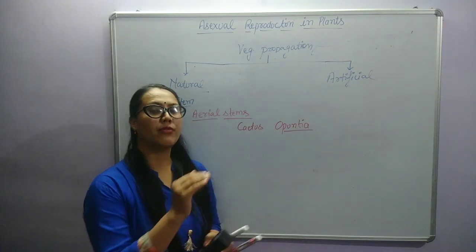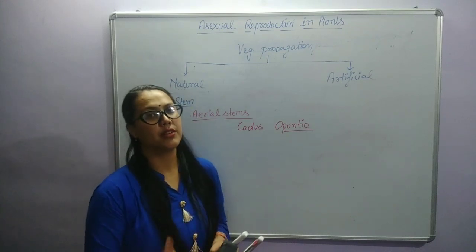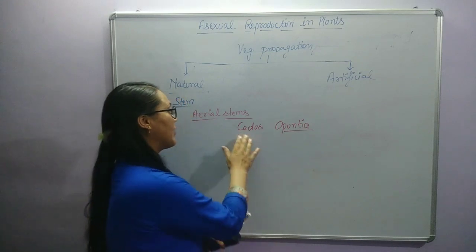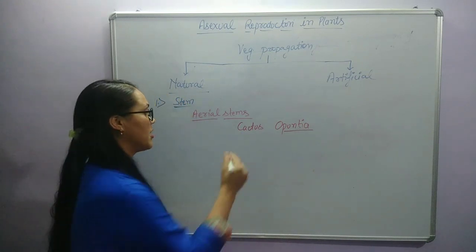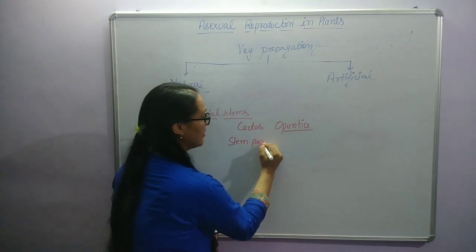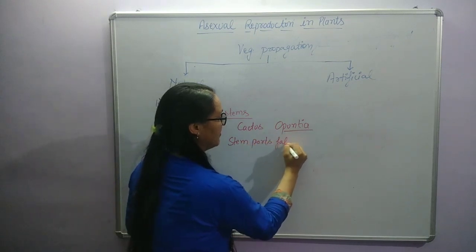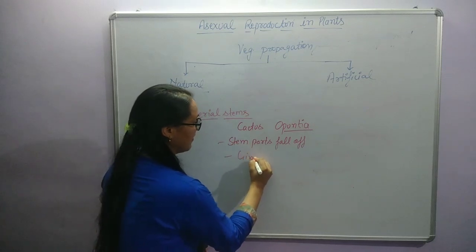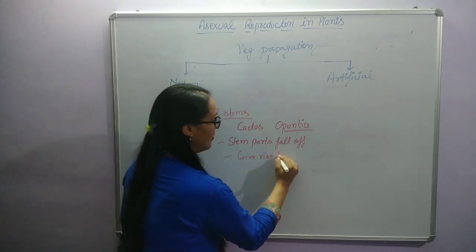These stems can break off and fall on the ground and give rise to new plants. So that was the case with Opuntia: stem parts fall off and give rise to a new plant.